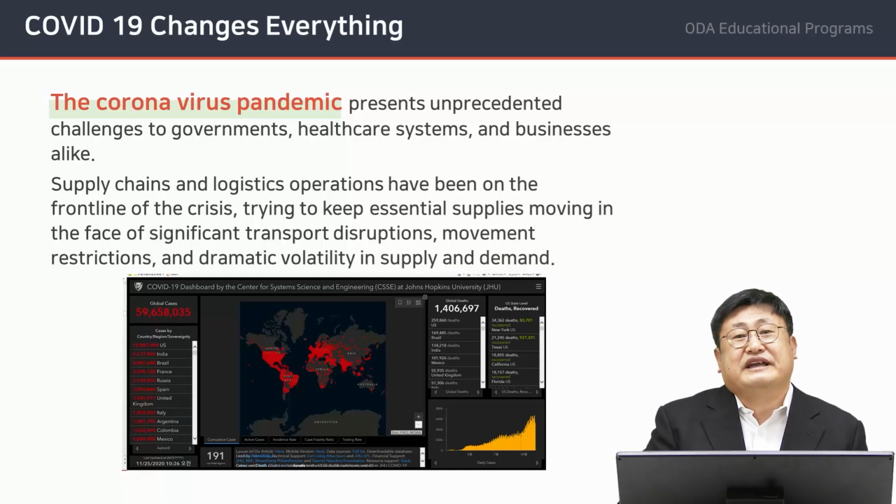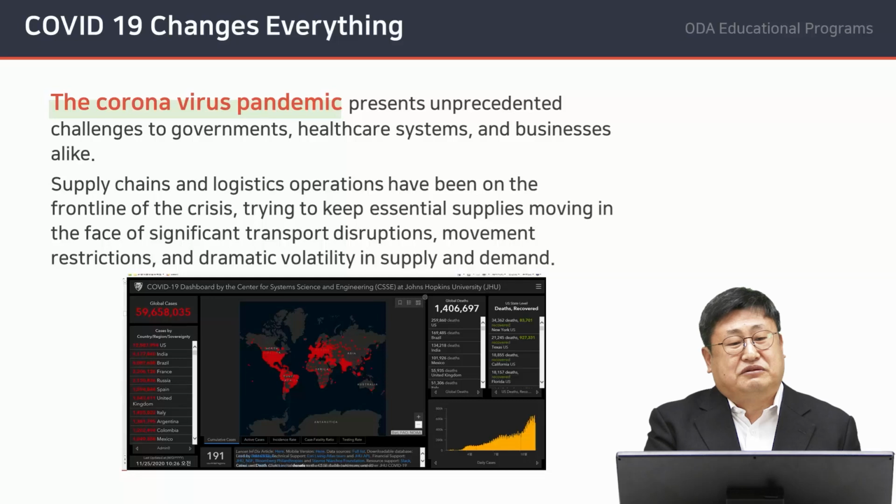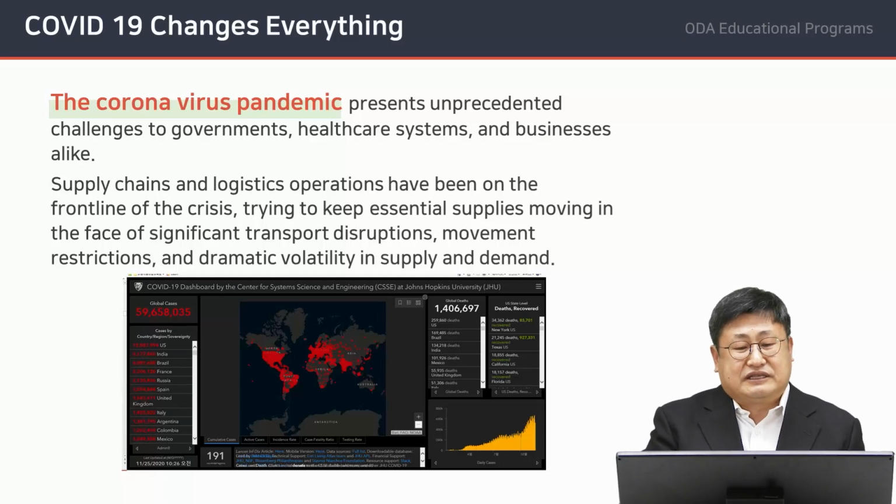Offline stores are going out of business, getting bankrupt because not many people come there to eat in the stores. Instead, they're changing to online channels. So it changed everything. Supply chain and logistics operations have been on the front line of the crisis, trying to keep essential supplies moving in the face of significant transport disruption.